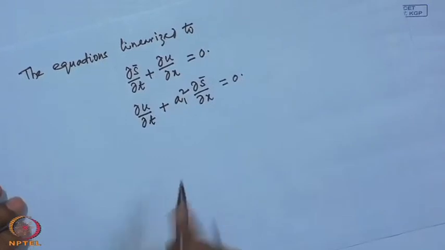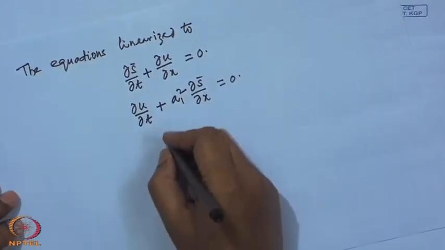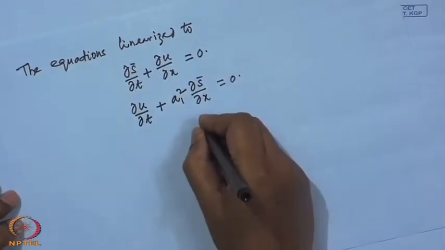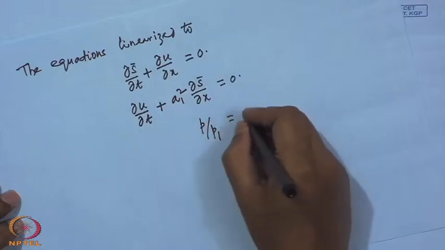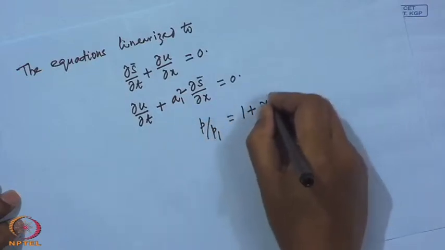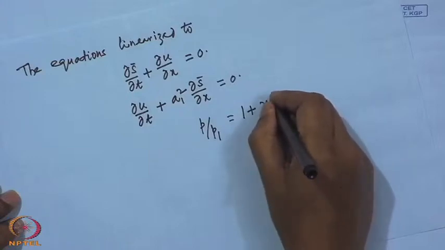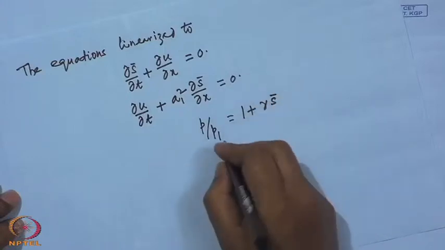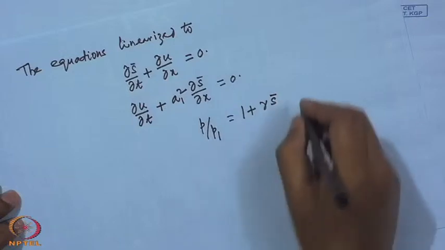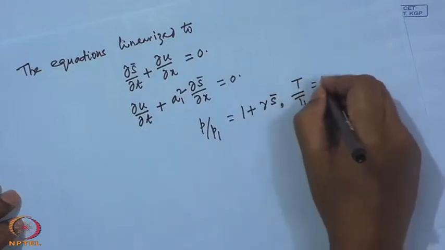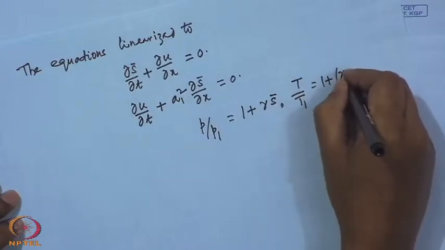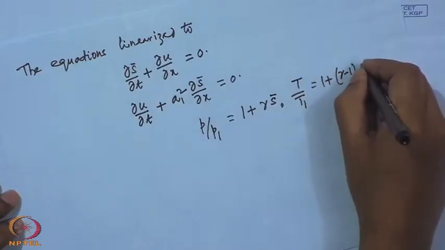Also the perfect gas equations can be approximated as P by P 1 equal to 1 plus gamma S bar and T by T 1 is 1 plus gamma minus 1.